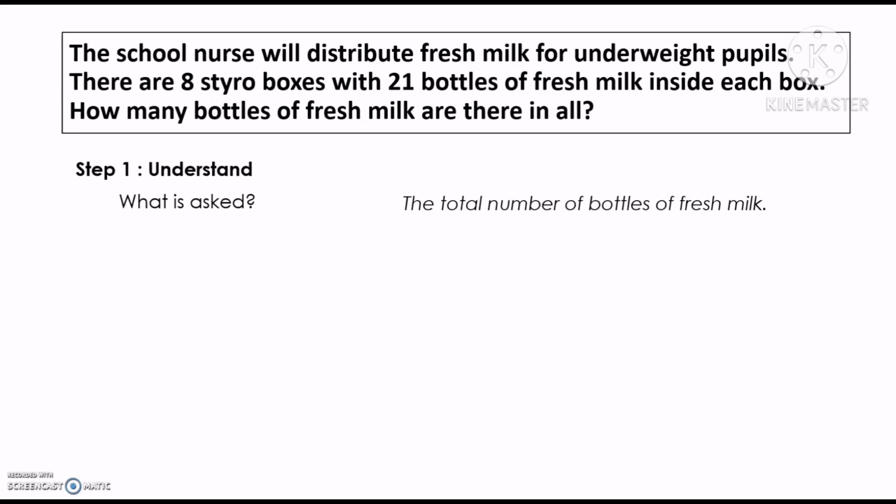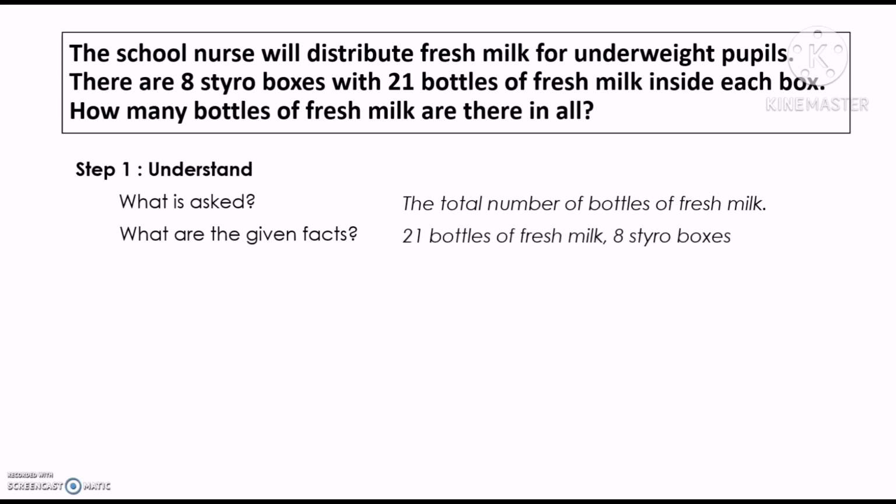Next, we find the given facts. From our problem, you have 21 bottles of fresh milk and 8 styro boxes. Next, you have the operation to be used. Take note that there are 21 bottles in each box, and there are 8 styro boxes.